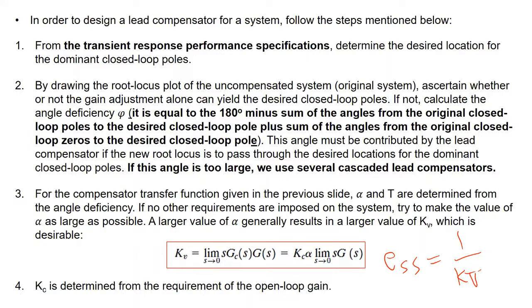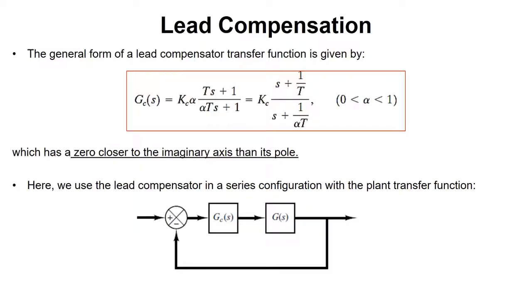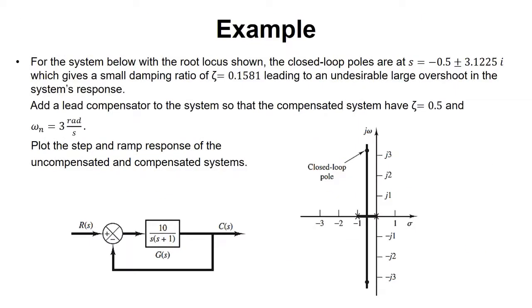Now, as we just saw, the angle contribution for this lead compensator in this example is about 40 degrees. And using that, we should determine alpha and T. In other words, since alpha and T would determine the location of zero and pole of the compensator, what we want to do right now is to determine where the pole and zero of this compensator are located.